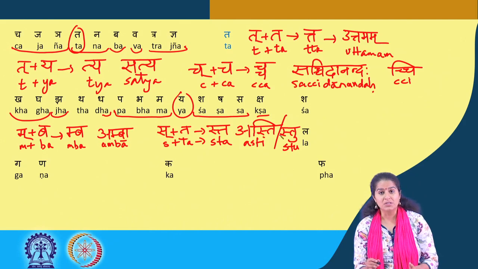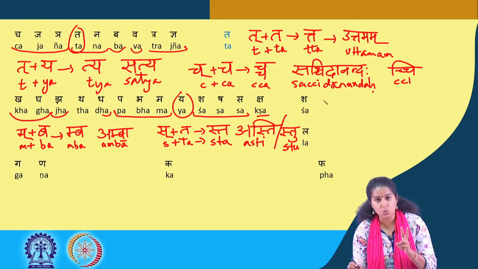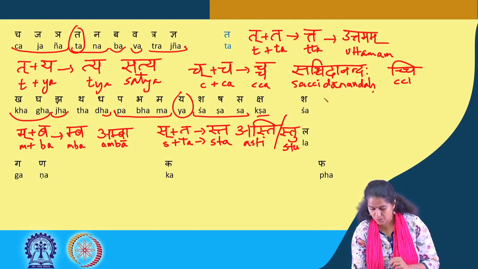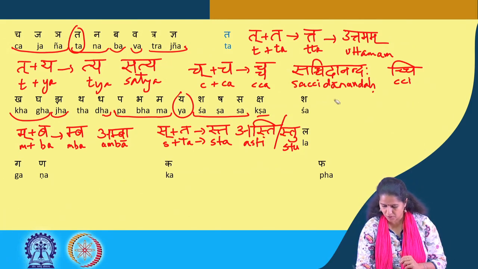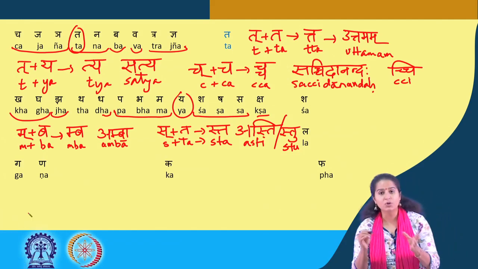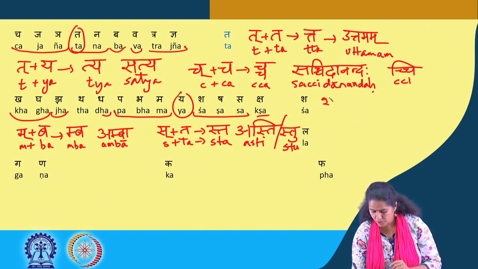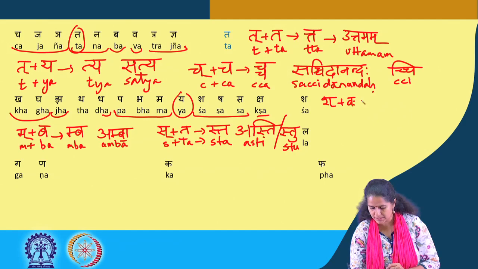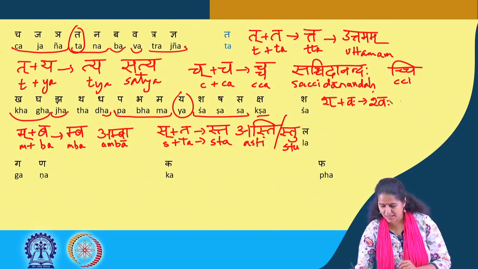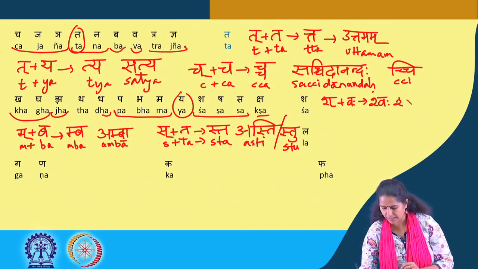Now, another letter that you need to know is the letter sh, because it does a bit of a different thing. There are two ways of writing it. When you combine it with another consonant, you can do it in two ways. So, I will take the word shvah. Shvah is a combination of sh plus vah, which already has the visarga included in it here. So, that can either become shvah, and sometimes I tend to write it with a small stick like that.